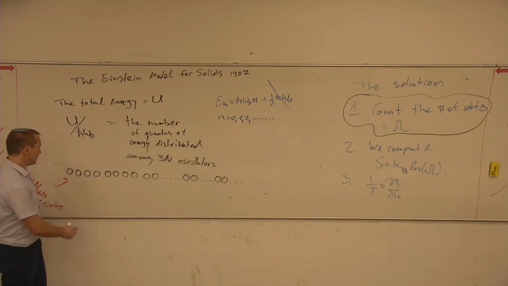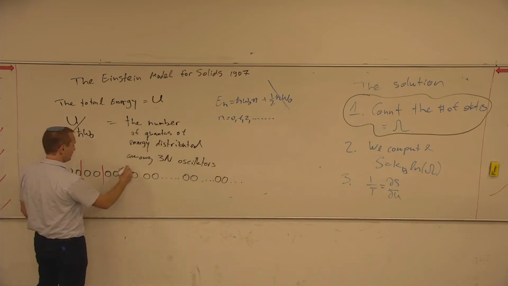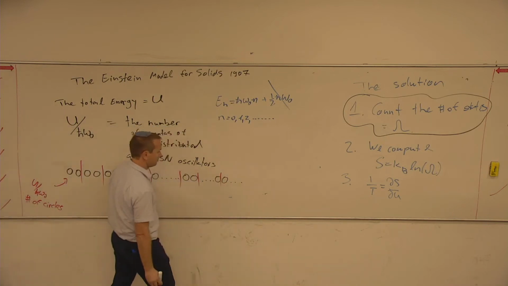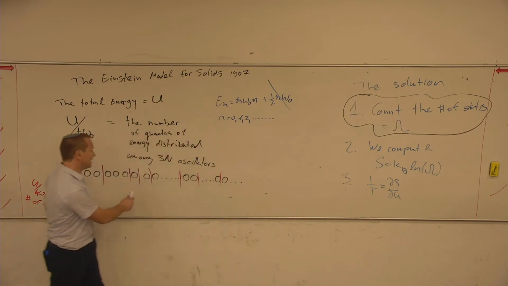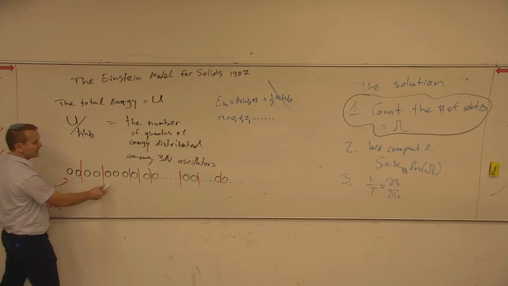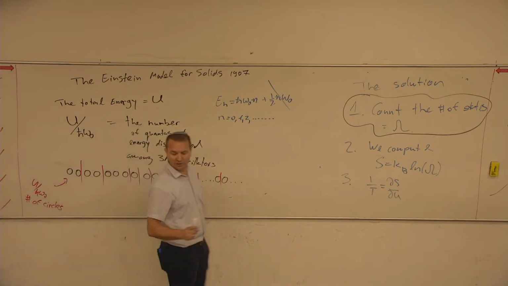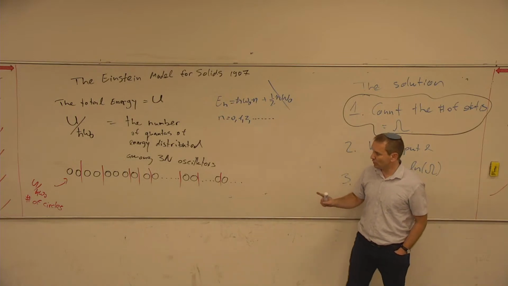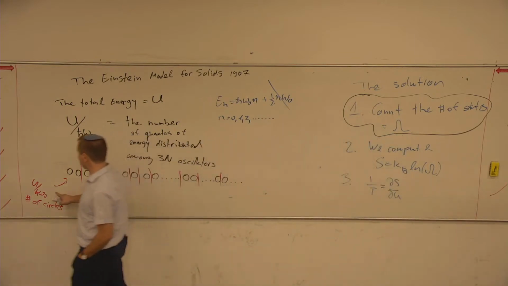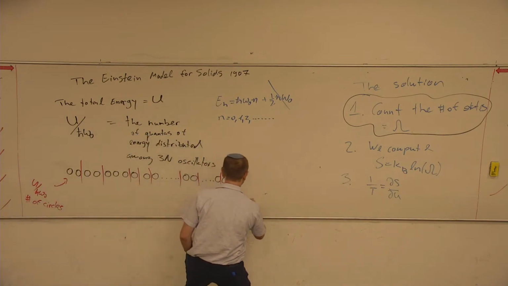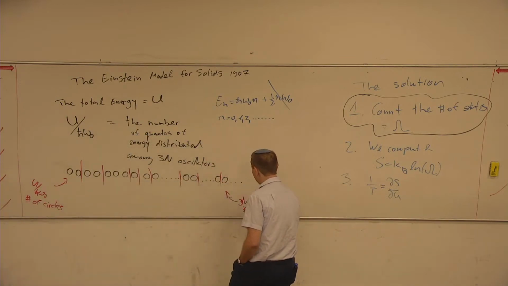How do I describe it? I put lines over here. How many lines? I need 3N boxes, so how many lines do I have to plot? 3N minus 1. So I have U over ħω circles, and I have 3N minus 1 lines.